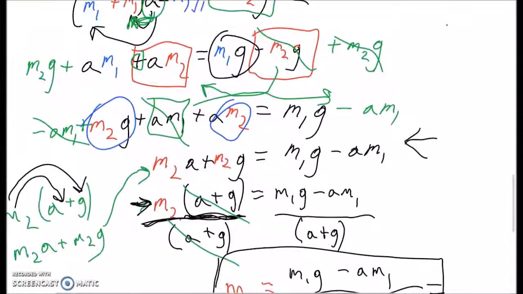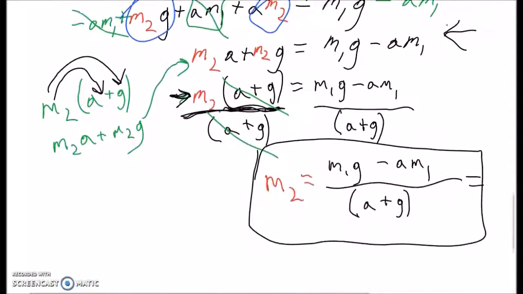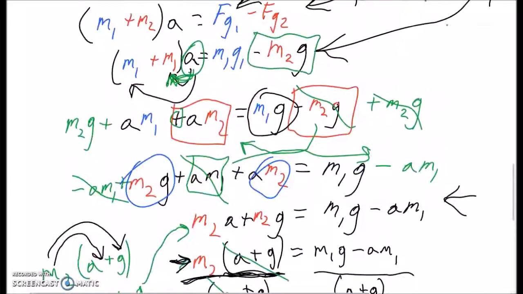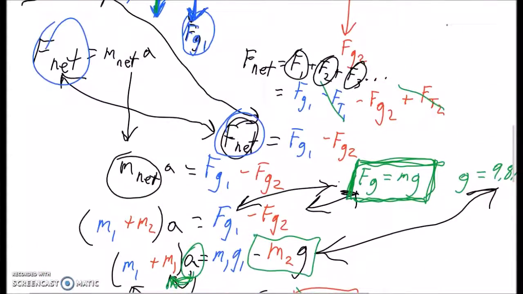So if any of these steps didn't make sense, please take a look at some of the other videos I've made, especially the most common mistake, I think, and the hardest step to understand is this step here, the FG equals MG. Actually, I'll highlight that.